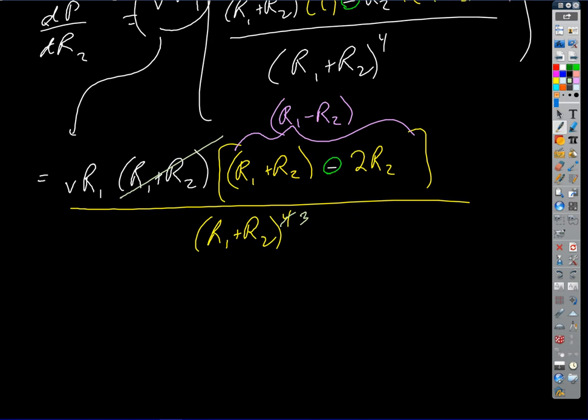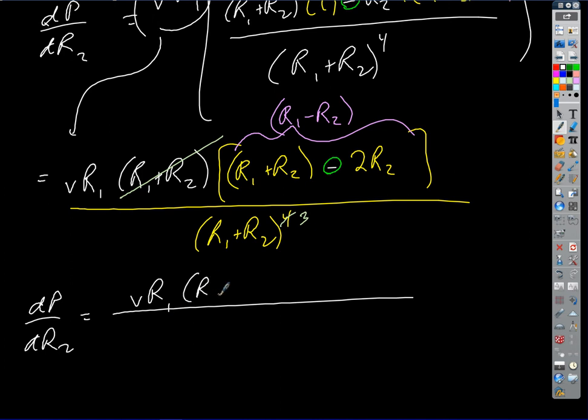And so we end up with our derivative. This looks pretty messy. So I've got V R1 times R1 minus R2, divided by the quantity R1 plus R2 cubed. So there's our derivative. That's a lot of work, but we're there. We got our derivative.